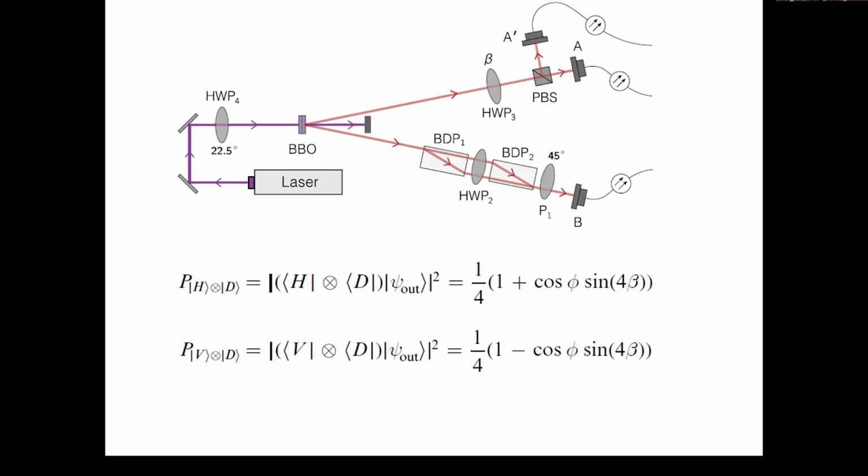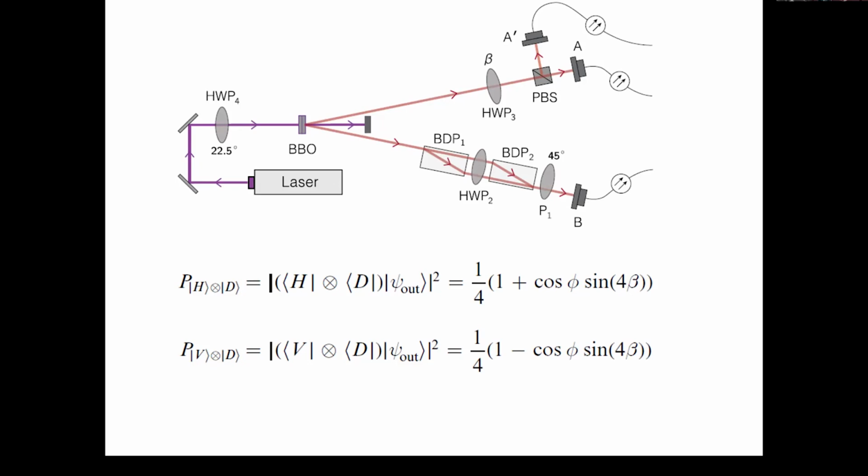Instead of changing the polarizer on this arm, we keep this polarizer fixed at 45 degrees. And then we have a half-wave plate in the other arm. Then we look at the coincidence detections between these two channels. And we do the mathematics. The mathematics is easy to do, and probably you could do this as homework. I'll share the slides as well.